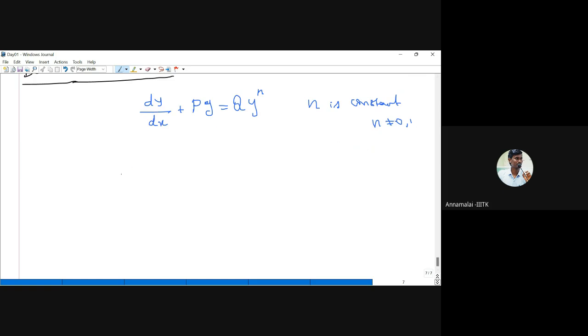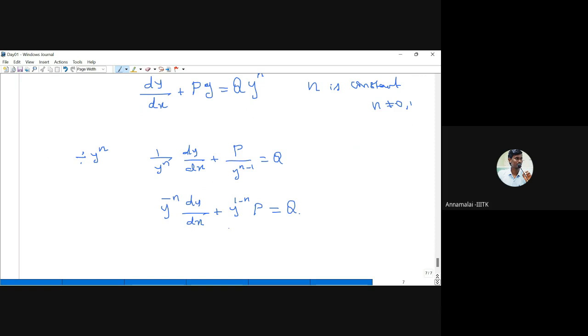Therefore we get 1 by y power n into dy by dx plus p times y power n minus 1 by y power n, cancelling one y, equals q. Taking everything to the numerator, y power minus n into dy by dx, plus y power 1 minus n into p equals q.